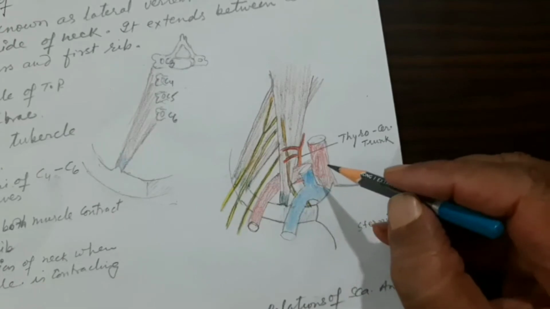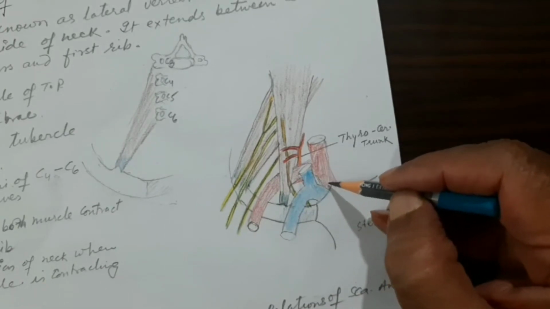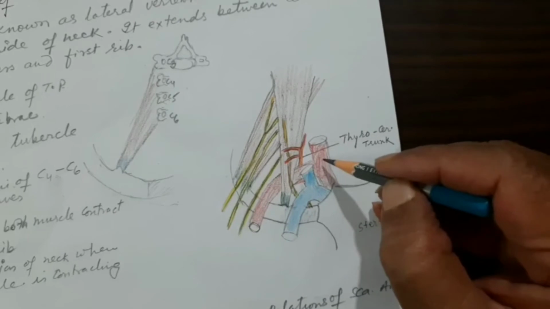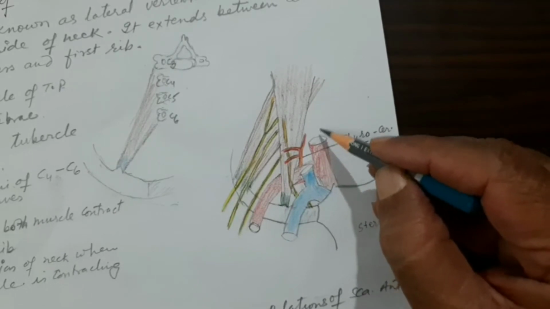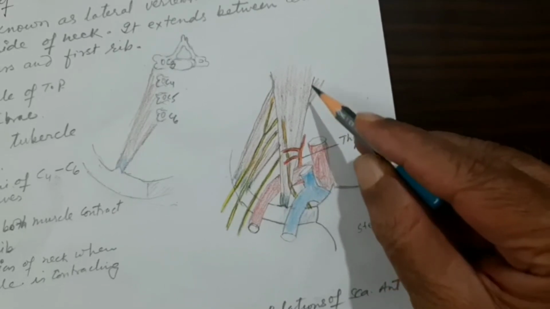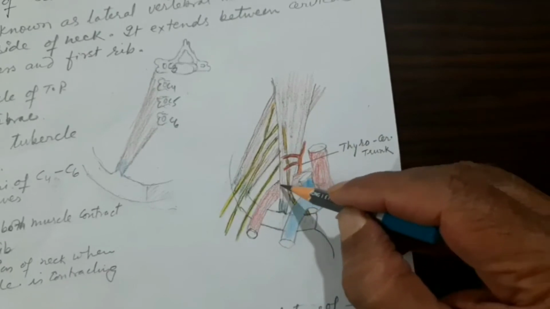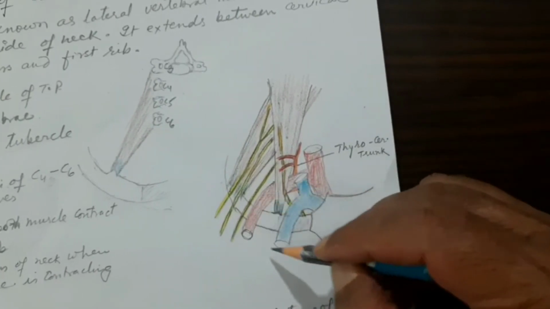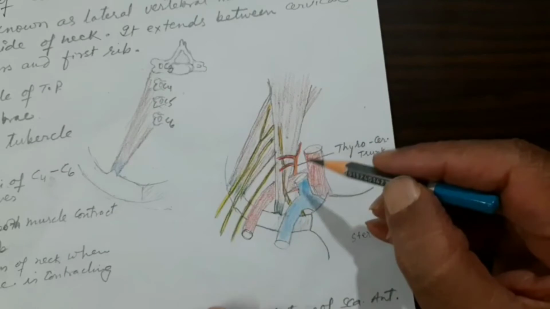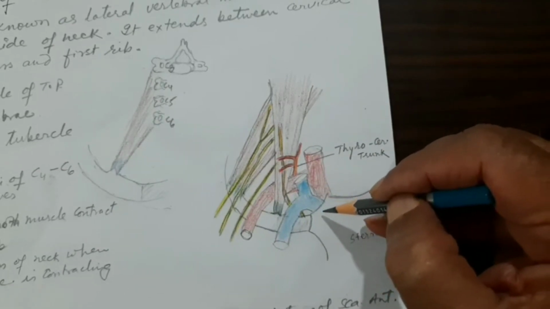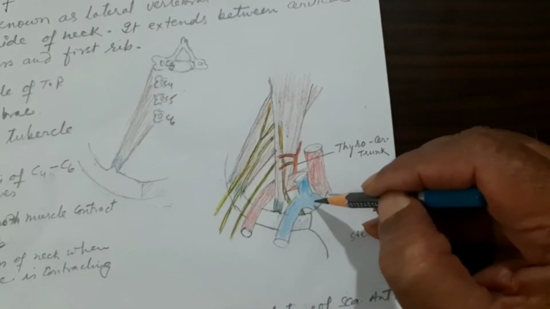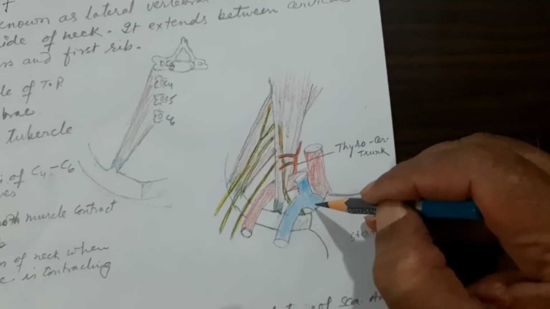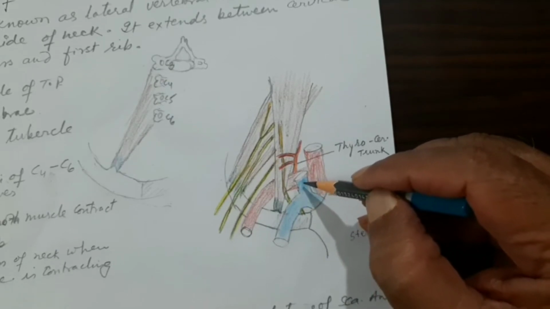Now here you can see this is the right brachiocephalic trunk, which divides into the common carotid artery, which will run up, and this is the subclavian artery on the right side. Then in front of this, behind the sternoclavicular joint, will be the brachiocephalic vein, which has two tributaries.